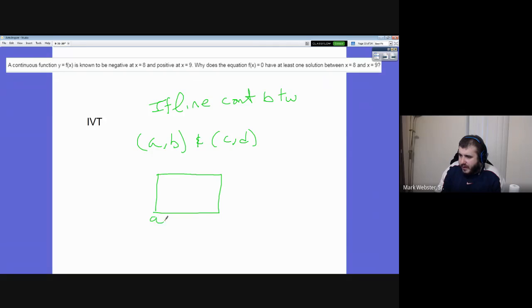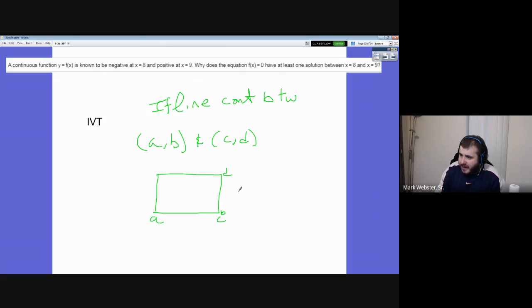Here's the x value of A, here's the x value of C, here's the y value of B, and here's the y value of D. And any y value that I want between B and D has a corresponding x value between A and C.